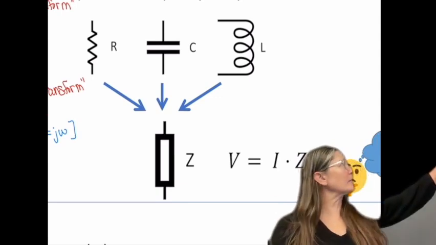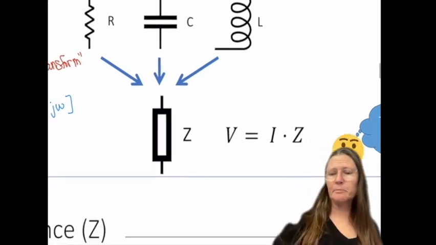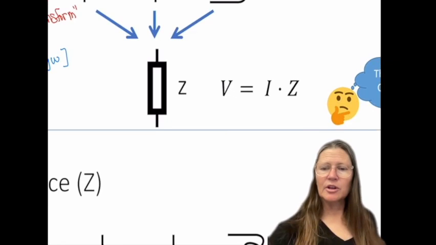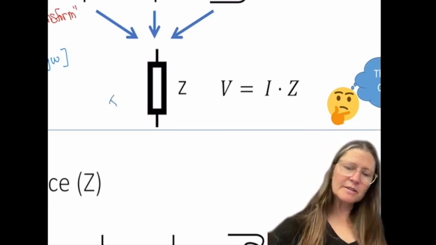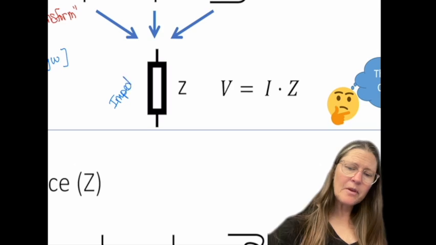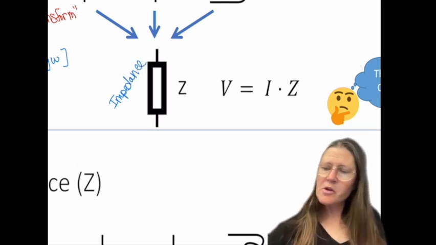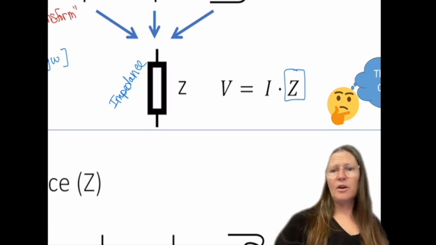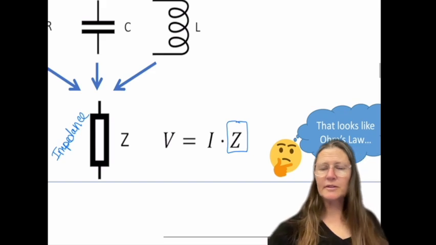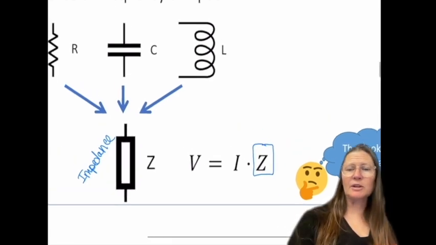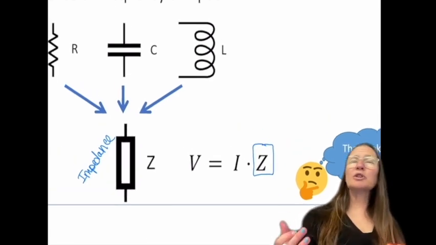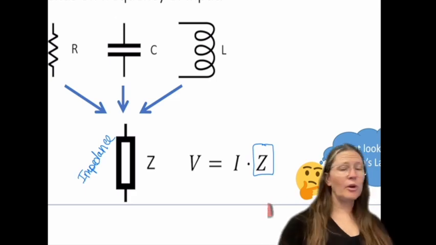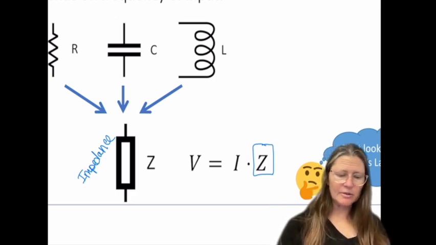As we know from Ohm's law, your voltage is equal to I times, if we call this an impedance instead, I times this impedance. So we want to know what this impedance is for each of these elements, and then can we look at them as acting like resistors? Each of these can act like a resistance.